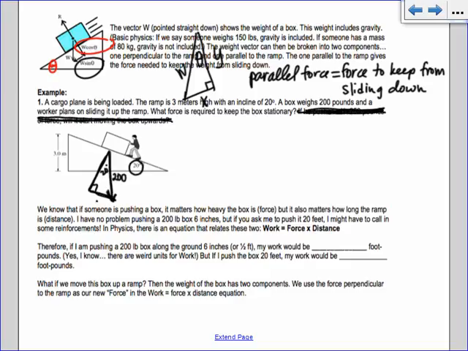And we find these two other components. Like I said, you can call them x and y and solve for them, but it works out that this one is always the weight times sine of theta, and this other one is always the weight times cosine of theta. So the force required to keep the box stationary ends up being 200 times sine of 20 degrees, my theta. If I find that, it's going to be 68.